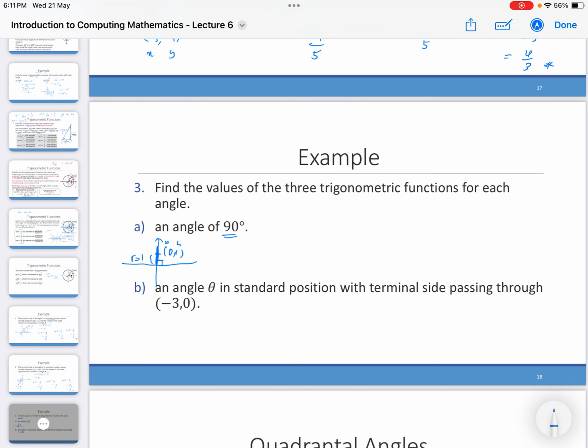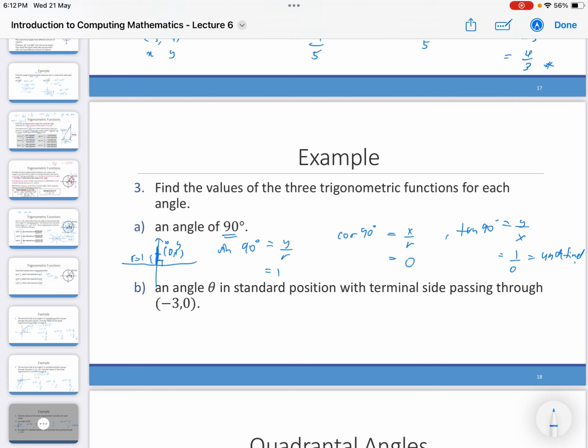So x is 0, y is 1. Sine 90 degrees is y over r, which equals 1. Cos 90 degrees is x over r. X is 0, so we get 0. And then tangent 90 degrees is y over x, so this is 1 divided by 0, which is actually undefined. We cannot find the value for tangent 90.